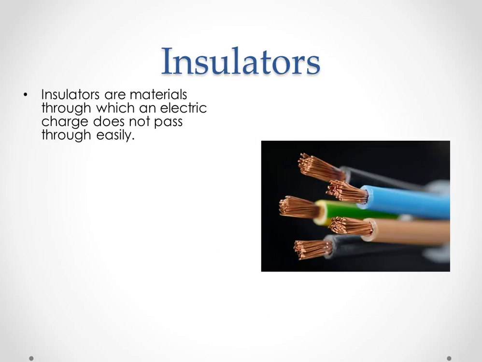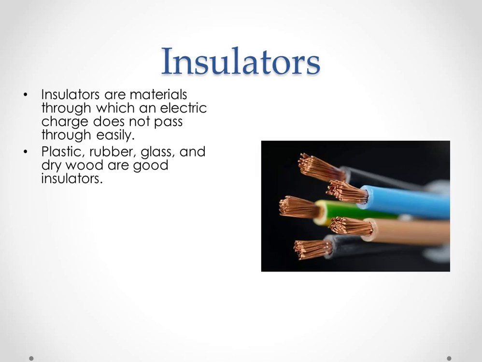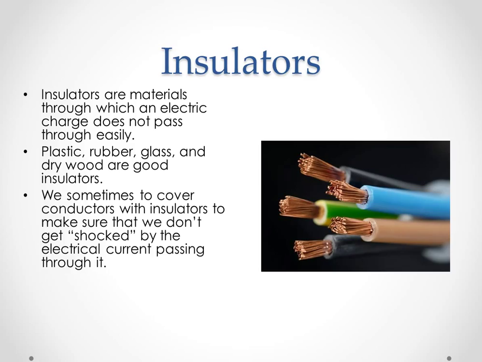Insulators, on the other hand, are materials through which an electric charge does not pass easily. These are also very important when it comes to circuits and currents, because they help keep us from getting shocked when we are touching a circuit. Plastic, rubber, glass, and dry wood are examples of good insulators. We sometimes cover conductors with insulators to make sure that we don't get shocked by the electrical current passing through.